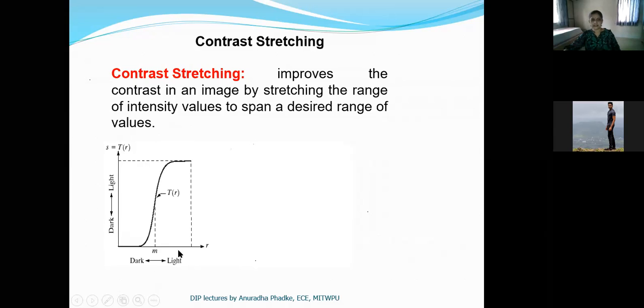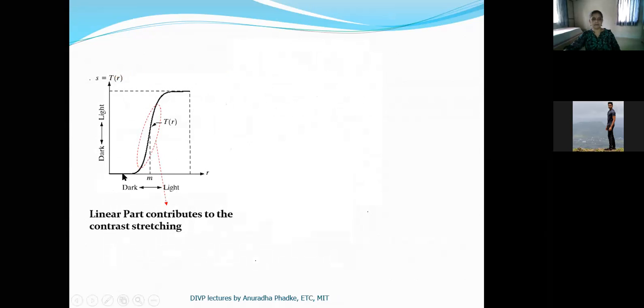Now let us see how we can practically achieve this contrast stretching operation. We can achieve it by piecewise linearization. As discussed, this central linear portion contributes to the contrast stretching. This S-shaped curve we can approximate by a piecewise linear operation. The central portion we can approximate by a straight line segment.